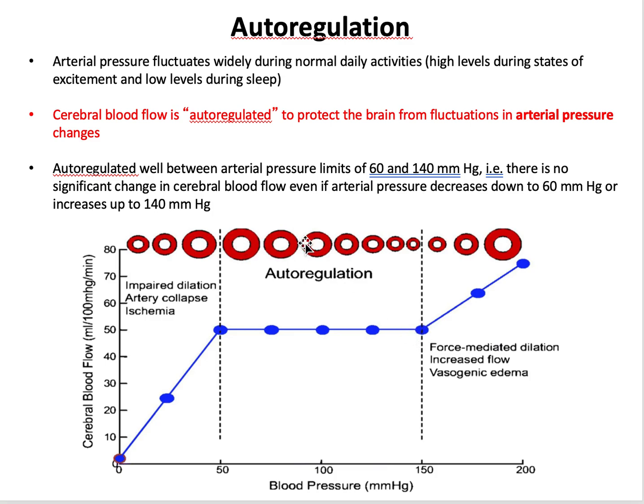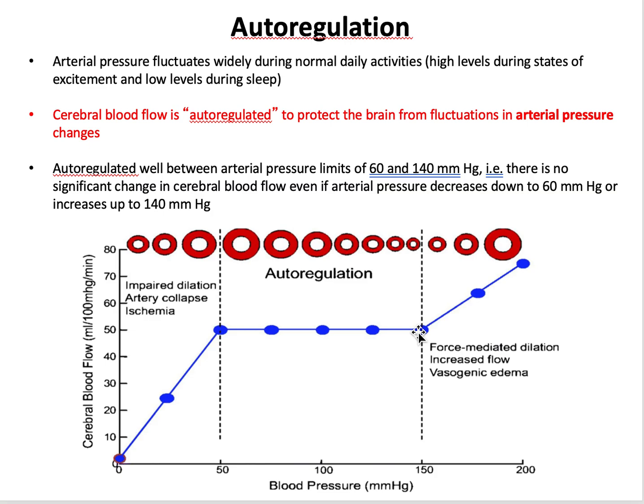And up here, this is showing you whether the arterioles would be dilated or constricted. At lower arterial blood pressures, we have vasodilation. As we increase in blood pressure, we have vasoconstriction. But we're maintaining an incredibly consistent cerebral blood flow across a very wide range of blood pressures.